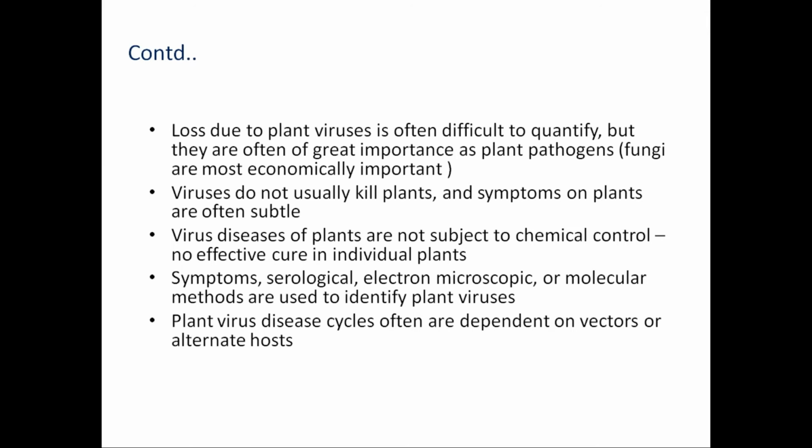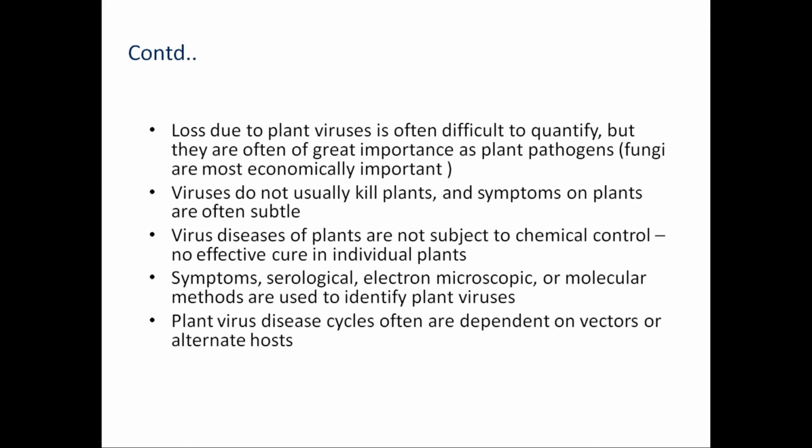Symptoms, serological and electron microscopic or molecular methods are used to identify plant viruses. Symptoms are not so reliable to identify, and serological techniques are mostly used to identify plant viruses. Electron microscopy is used to see plant viruses, what their shape and size are, and molecular methods are currently being used to identify plant viruses.